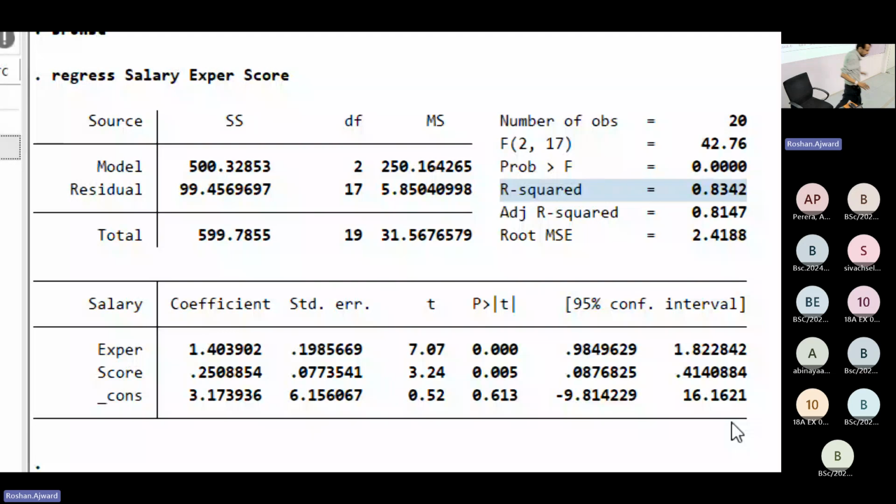Okay, let's come back. We were discussing the regression result. First of all, we discussed the R-square value, and we understood the R-square value equals the explanatory power of the independent variables.